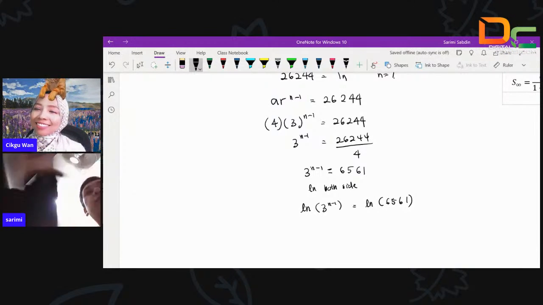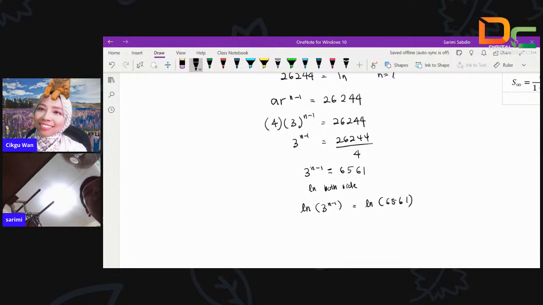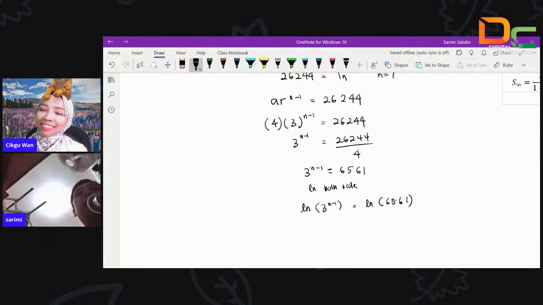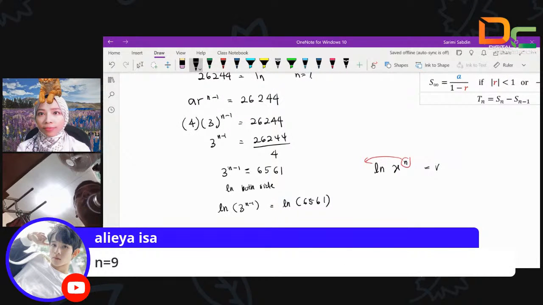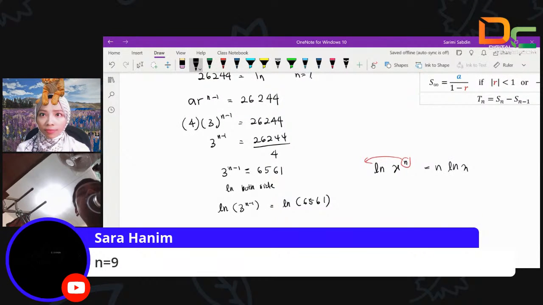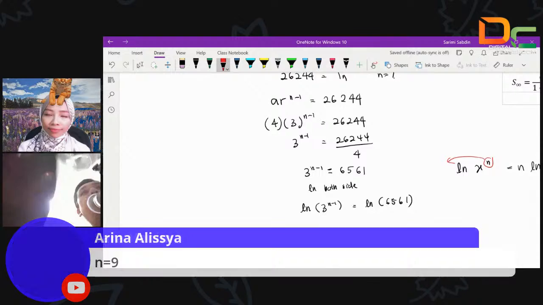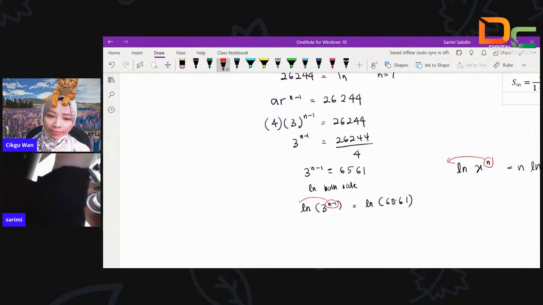So from here we can use the properties of ln: if we have ln x to the power of n, we can bring the power to the front. So it becomes n ln x. So we can bring the power n minus 1 to the front.